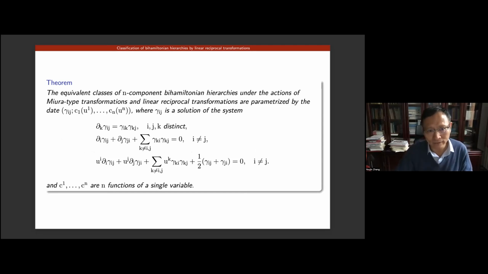After these transformations, the equivalence classes of bihamiltonian integrable hierarchies are characterized by the so-called rotation coefficients gamma ij and the central invariants. These rotation coefficients are a set of functions gamma ij satisfying this system of nonlinear PDEs. So this gives us a finer result on the classification of bihamiltonian integrable hierarchies.